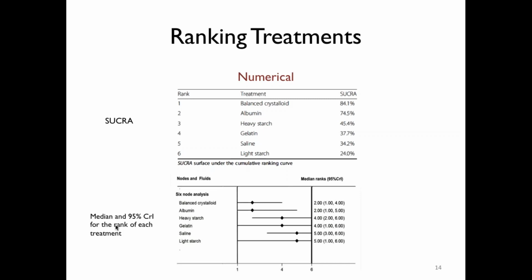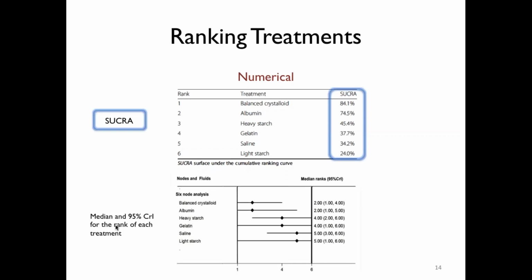This is another way to present the NMA results, in a numerical approach. The numerical approach involves the surface under the cumulative rank curve, or SUCRA, where an overall ranking is presented and a single number is associated with each rank. The SUCRA values go from 0 to 100%.